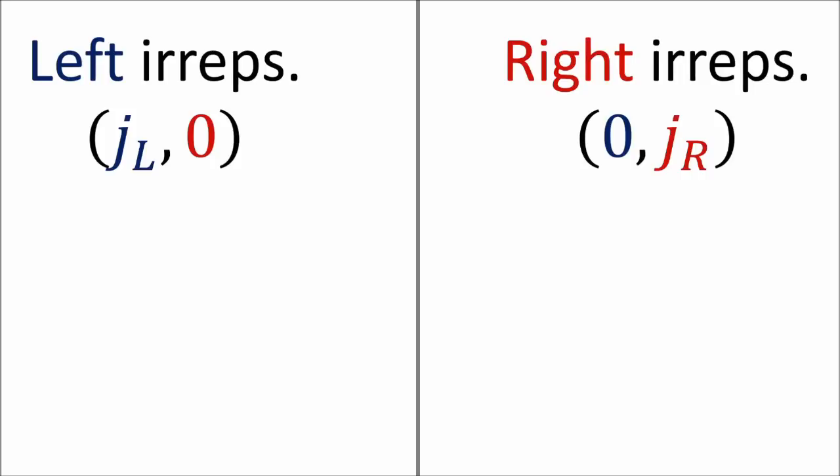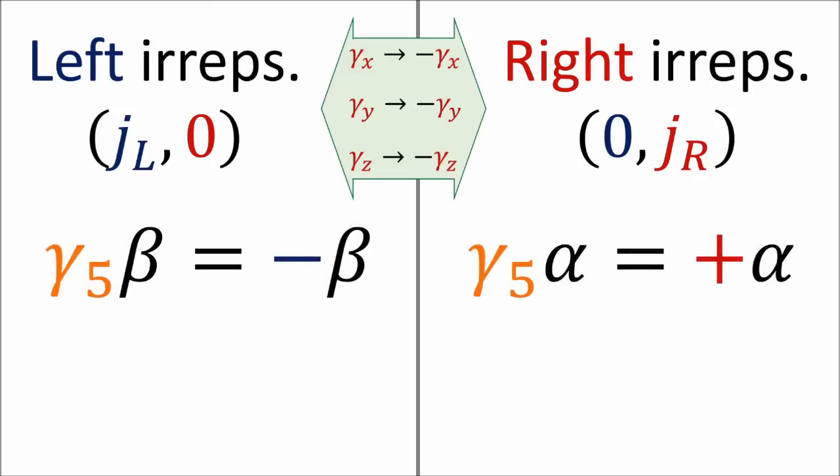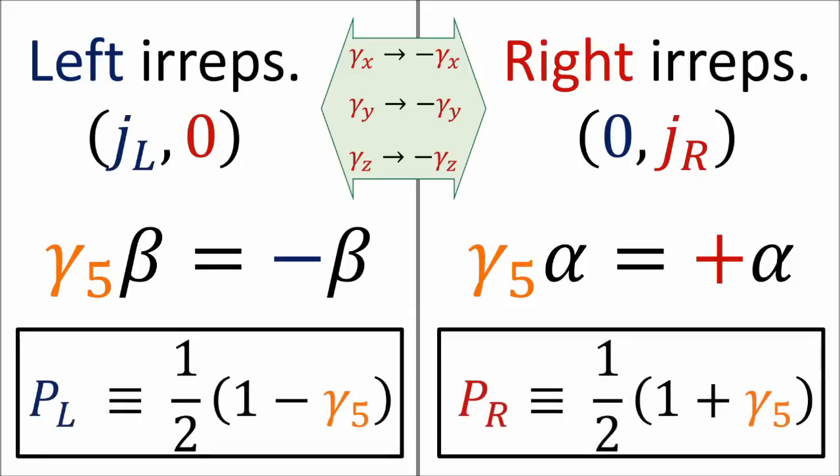We can flip back and forth between left and right representations just by reversing the spatial x, y, z directions using minus signs. We can also identify left and right representations using the eigenvalues of the gamma 5 operator, and project out left and right sub-representations using the left and right projectors.